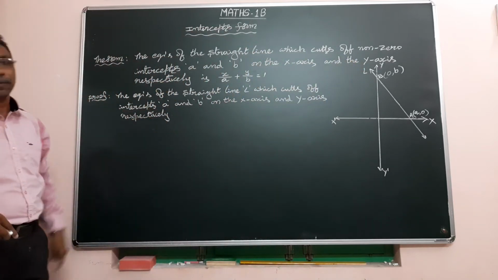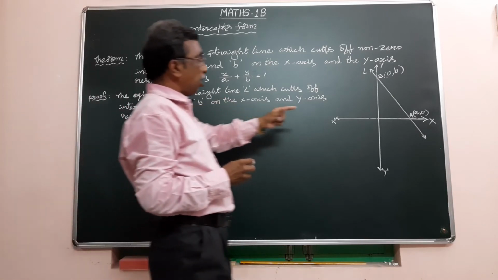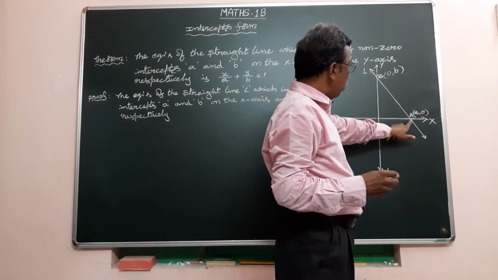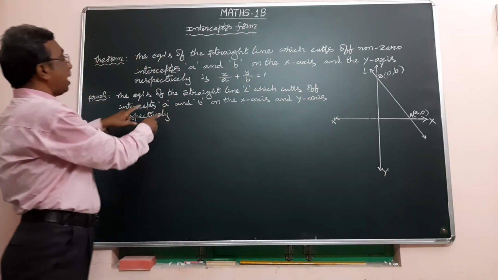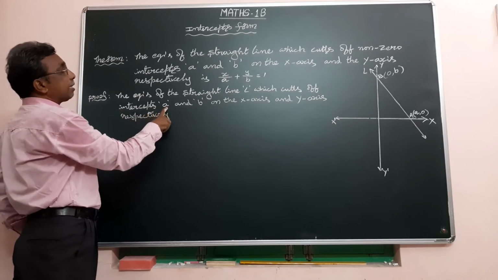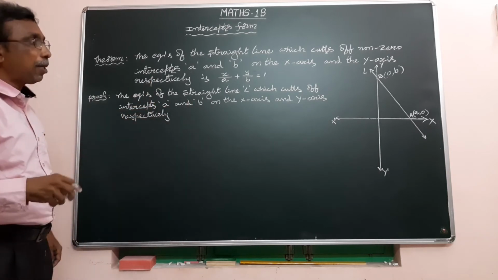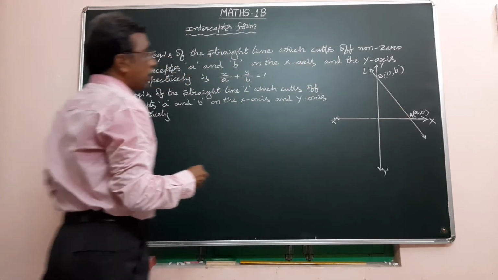Now I write the one. Next, once observe this one. Given points: x-intercept A, y-intercept B on x-axis, y-axis. So, what are the points?